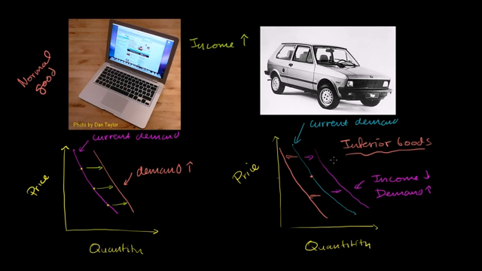Demand would go down. So an inferior good does the opposite of a normal good, and that's when we're talking about the income effect, and this is important. An inferior good will do the opposite of a normal good, and that's because people want to trade out of it when their income goes up. They don't want to buy it, they want to buy something nicer. And when income goes down, they say, oh, I have to buy this thing, so let me just do it.